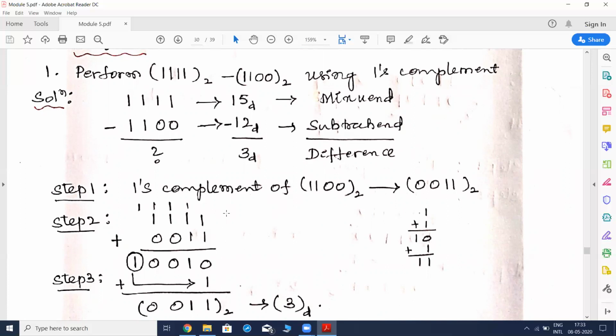In order to perform addition, here both of them are ones. What you need to do? Sum is 0, carry is 1. Now you have all ones, that is 3 ones over here. I have told you how to perform addition of only 2 bits. First perform the addition of these 2 bits and add 1 to this.